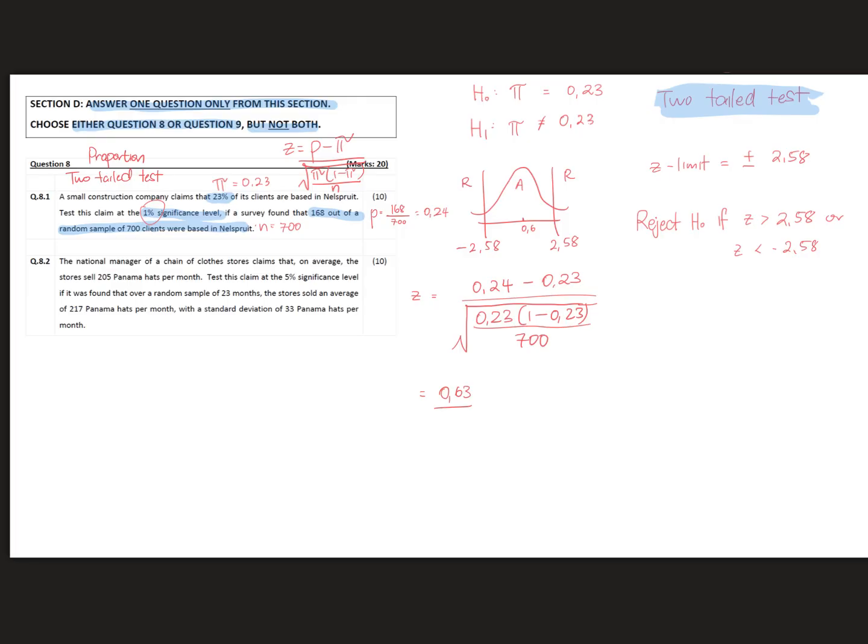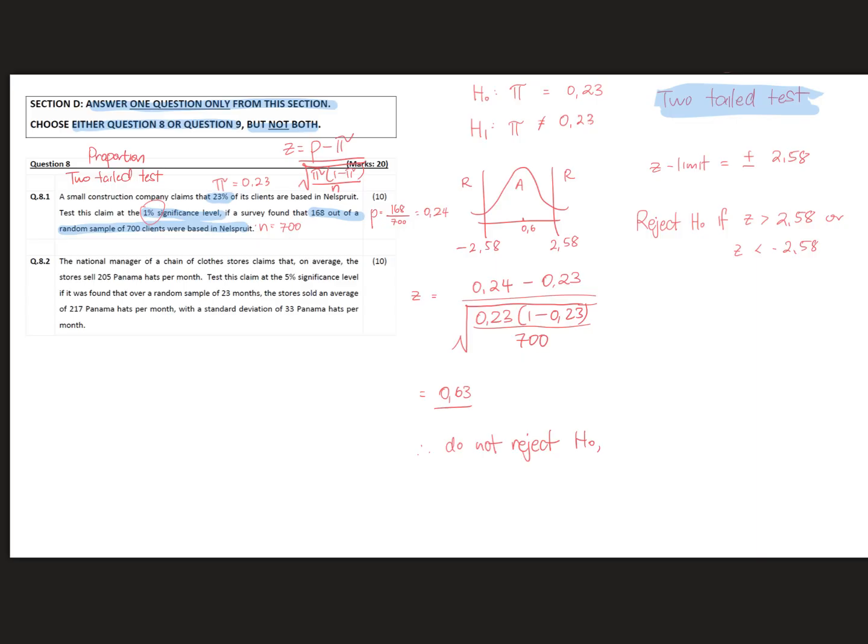We now know it's the acceptance region, so we now can conclude. And remember, we generally try and say we do not reject. Instead of just outright saying accept because it's the acceptance region, we try and stick to using the words do not reject. So you'll say in your conclusion now, therefore, do not reject the null hypothesis. And now we need to say, what does this mean? So remember, the claim that they were making in the question was that 23% of their clients are based in Nelspruit.